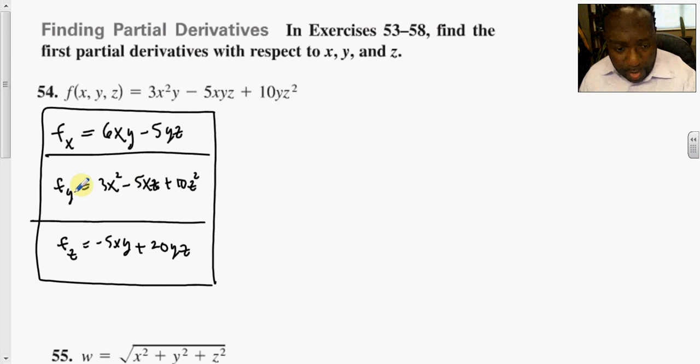And then in like manner for y, the derivative here is 3x squared, because 3x squared would be a coefficient with respect to y. And then the derivative with respect to y for this middle term would be negative 5xz. And then the derivative here with respect to y is just 10z squared. And then likewise for z.